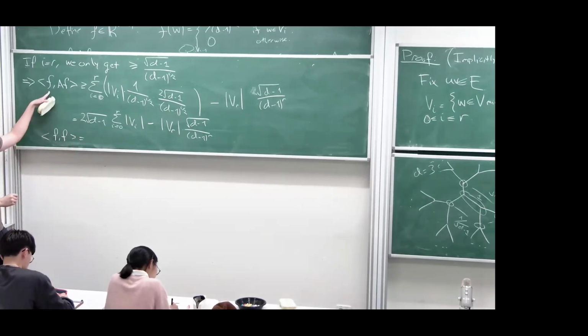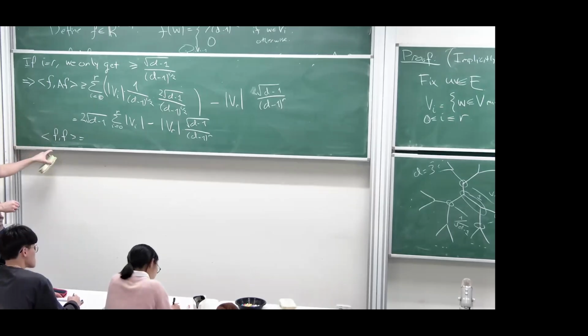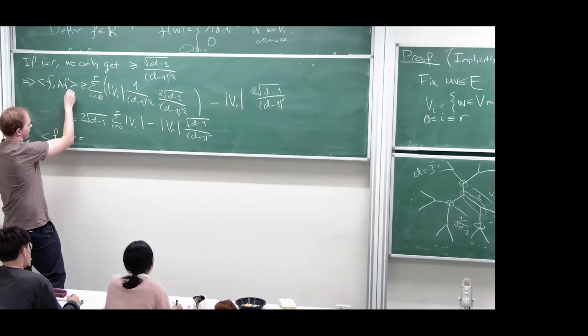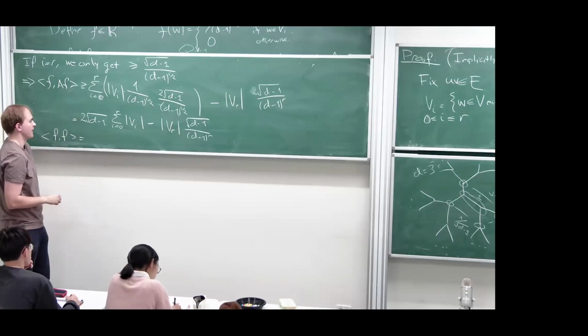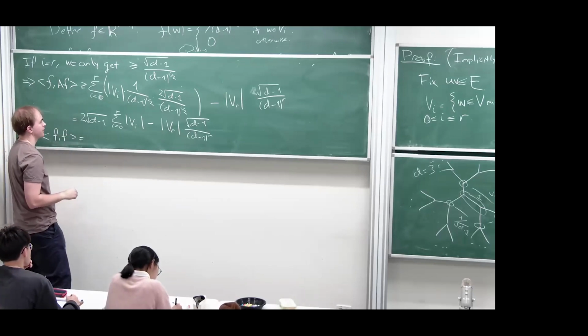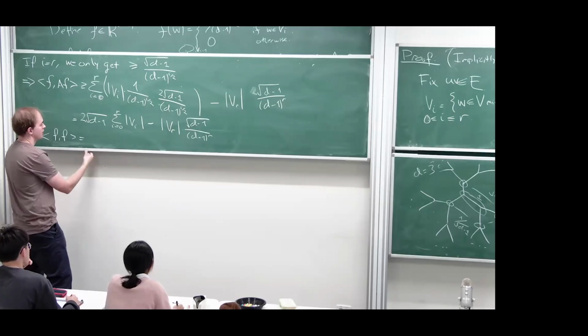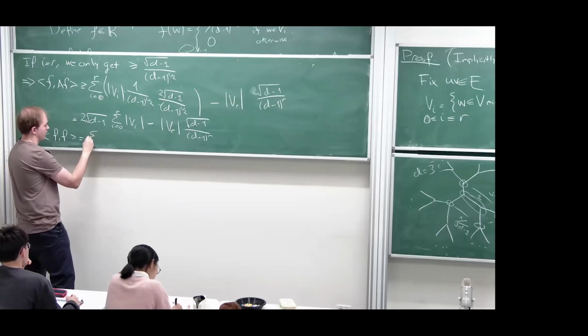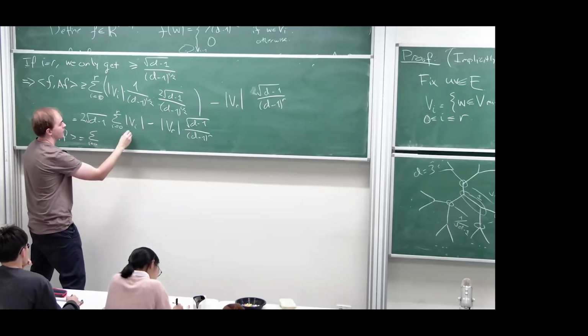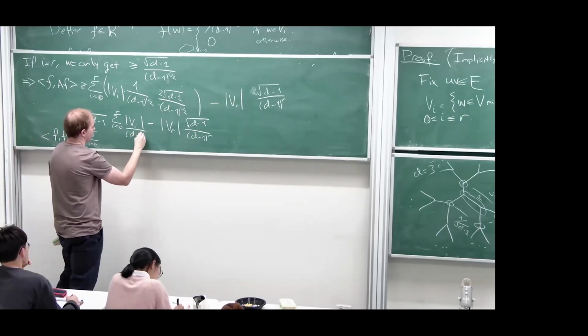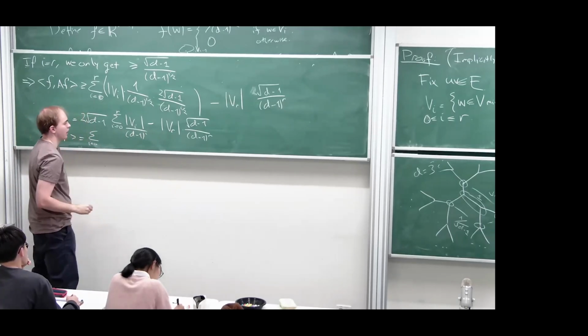But recall that our f is not quite a unit vector, so we also have to control the L2 norm of f, because we are interested in the ratio of these two. But that's quite easy to count. So it's going to be just, and here I have (d-1)^I.